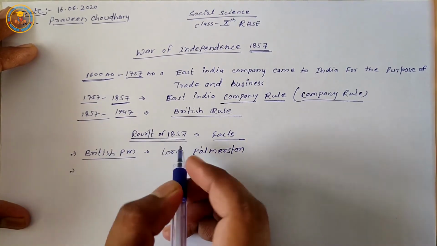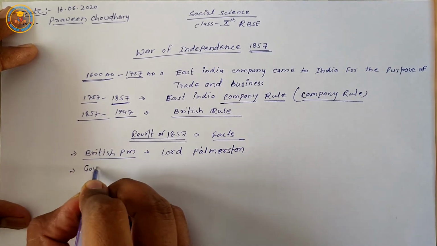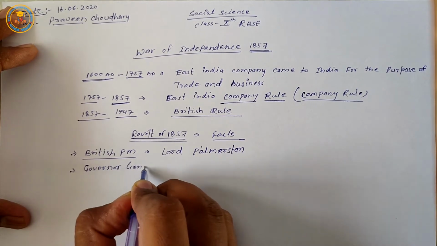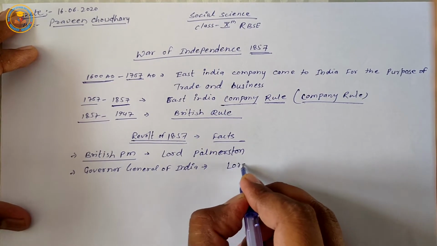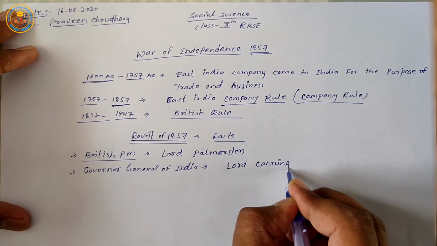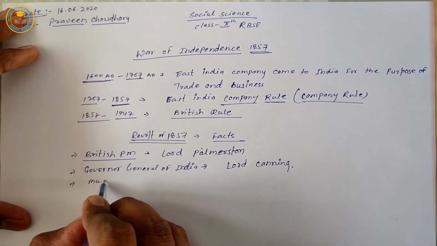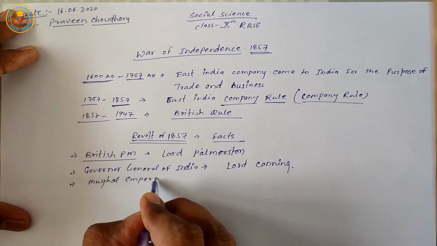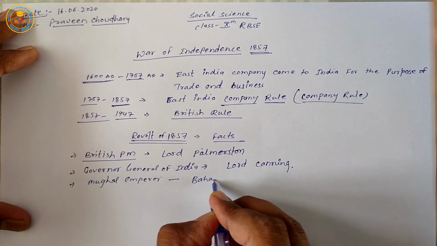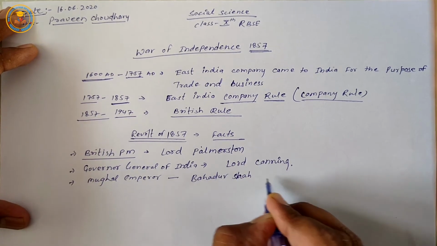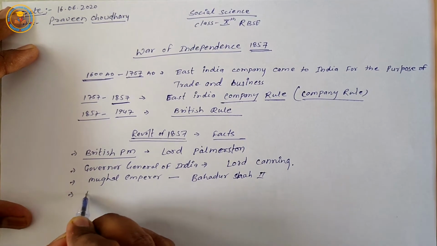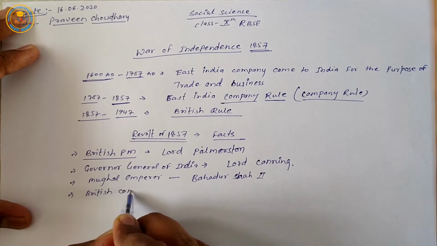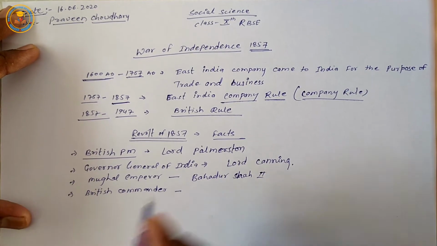And at the time of the revolt of 1857, the Governor General of India was Lord Canning, and the Mughal Emperor, name Bahadur Shah II, was the ruler of India. And the British commander's name was Campbell.